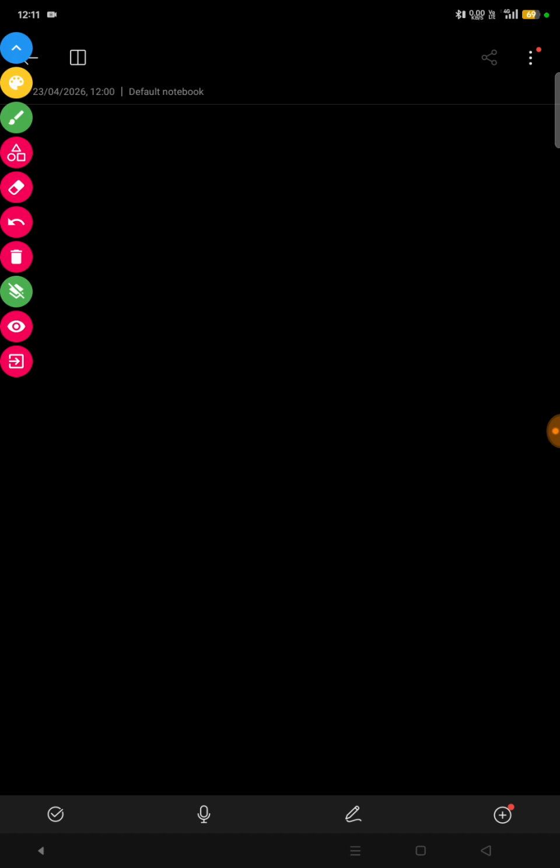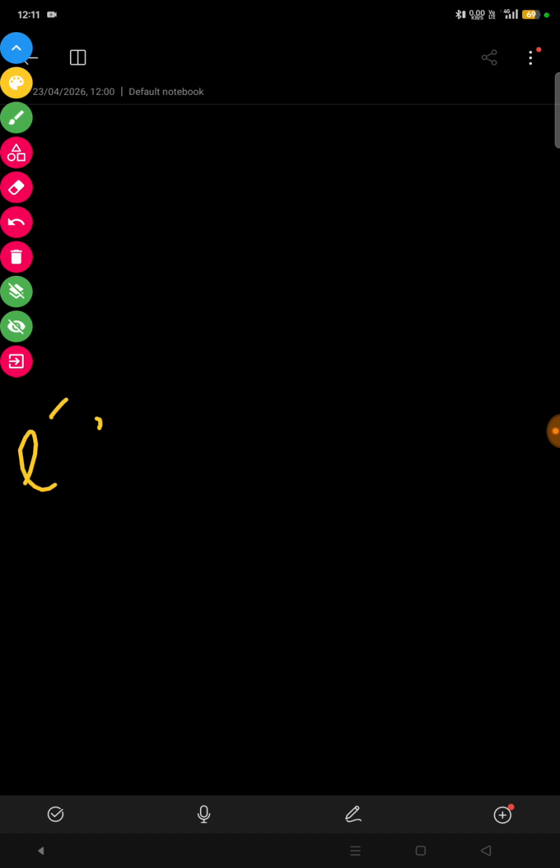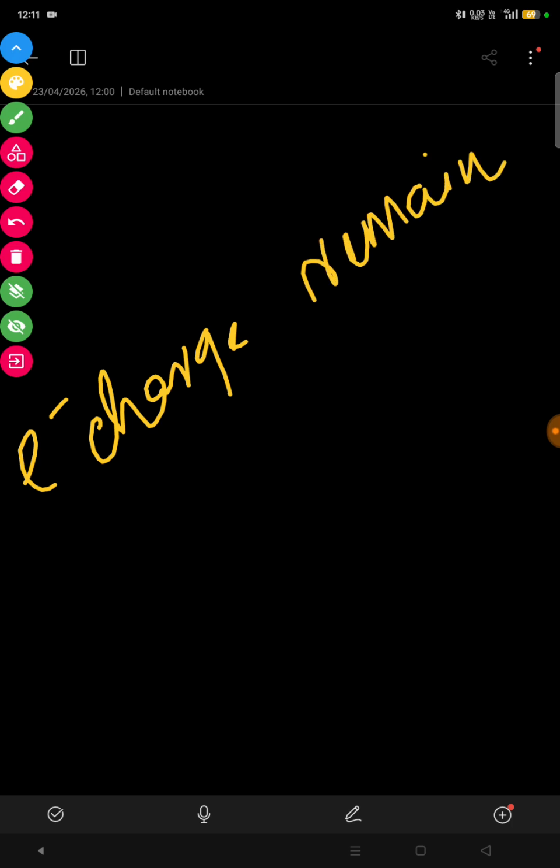But what is static electricity? In static electricity, the electric charges remain stationary, or they remain at rest. The charge which gets created, the transfer of electron, we know that by rubbing two substances, electrons get transferred.